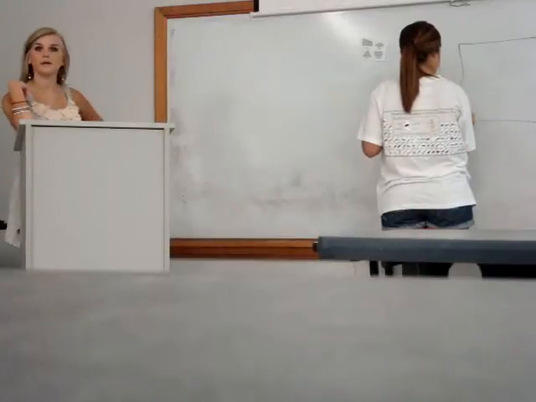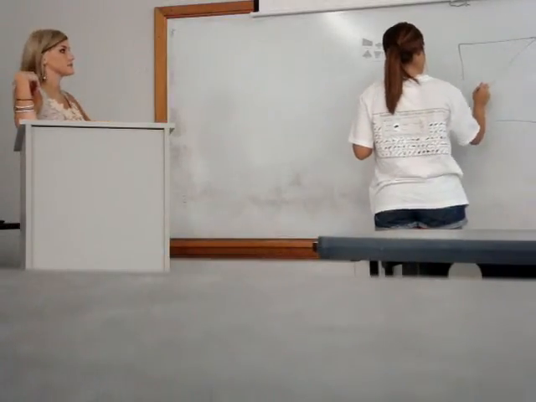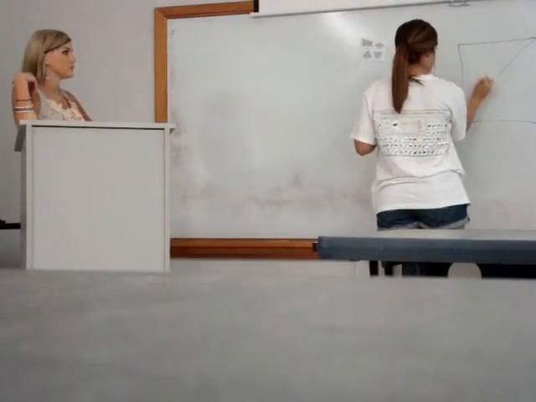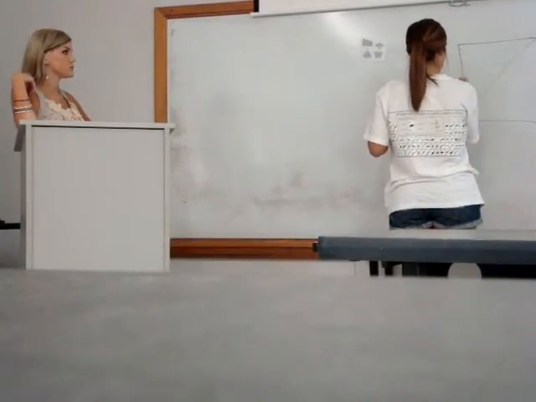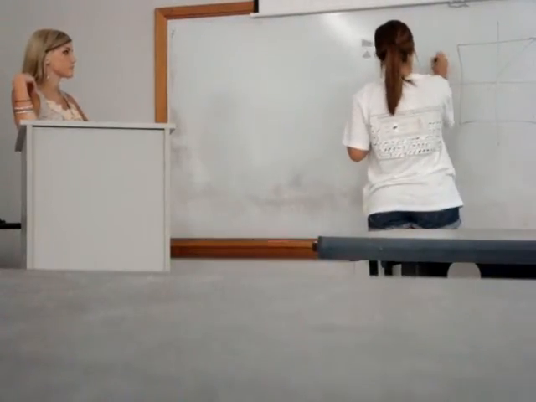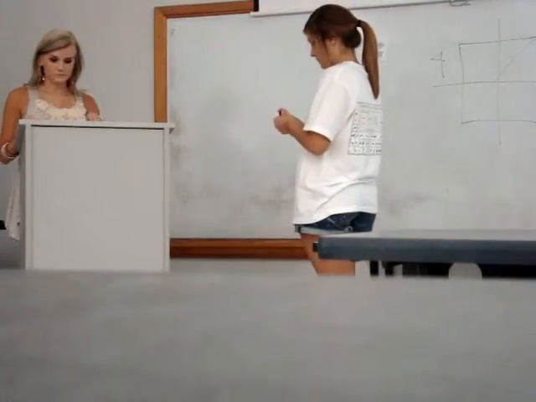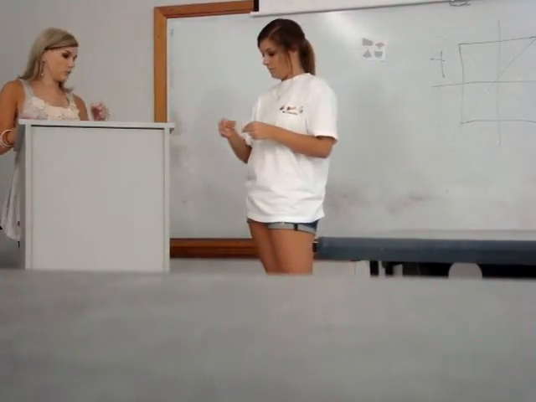And our drawings may not be perfect, but a real square would have the exact same side. Good. So she has 2 so far, 3, and 4. Excellent job.